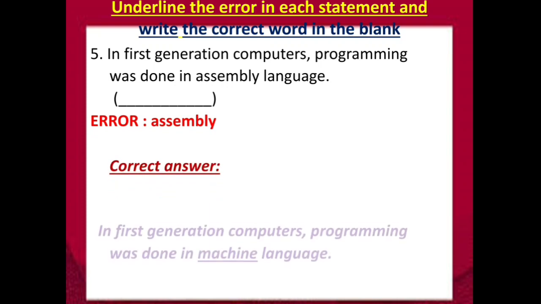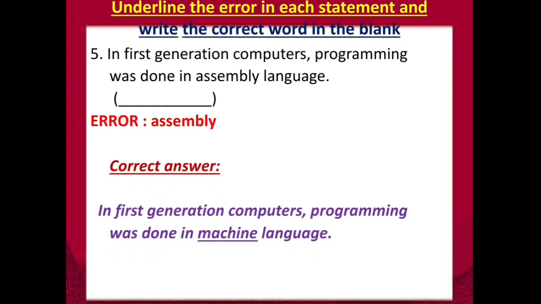The correct one is: in the first generation of computers, programming was done in machine language. Okay students, so the error word is assembly; we have to correct it to machine language. Now we go for our question and answer.